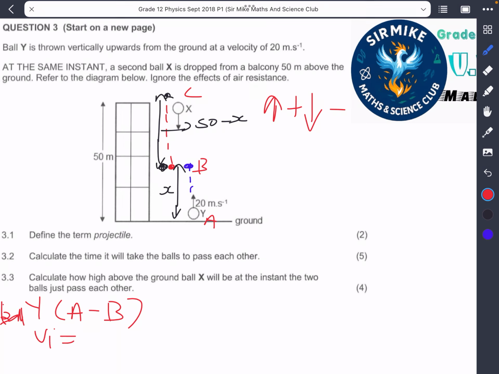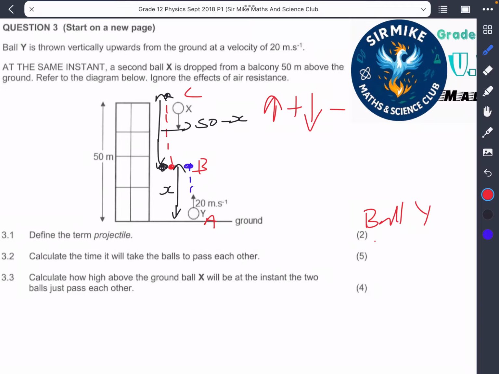It was traveling upwards, so this would be positive 20. Let me write it on the other side so that I will have enough space to write. So between point A and B, this would be for ball Y.